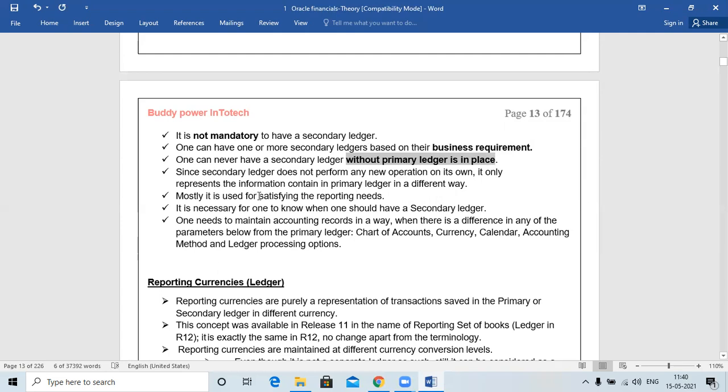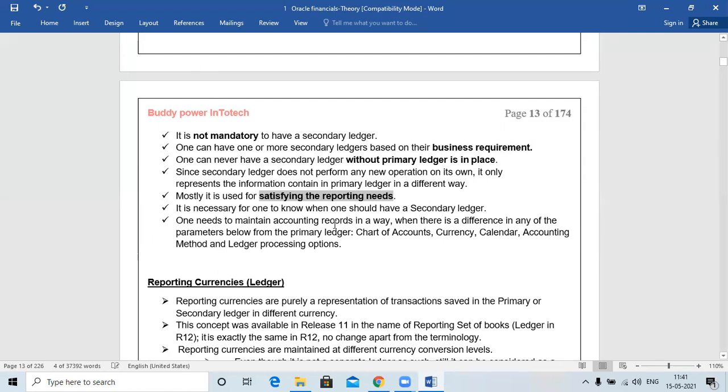Mostly it is for satisfying reporting needs, like we said before, according to a difference in any parameter. Any difference in one of the 4Cs, a change in chart of accounts, currency, calendar, or accounting method, means you have a secondary ledger in place.